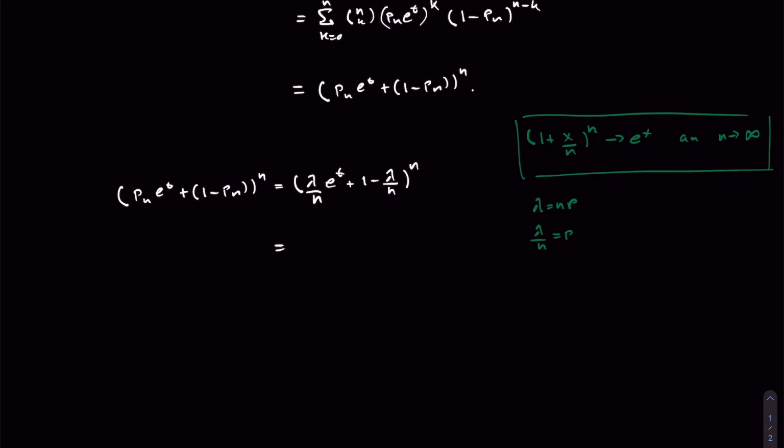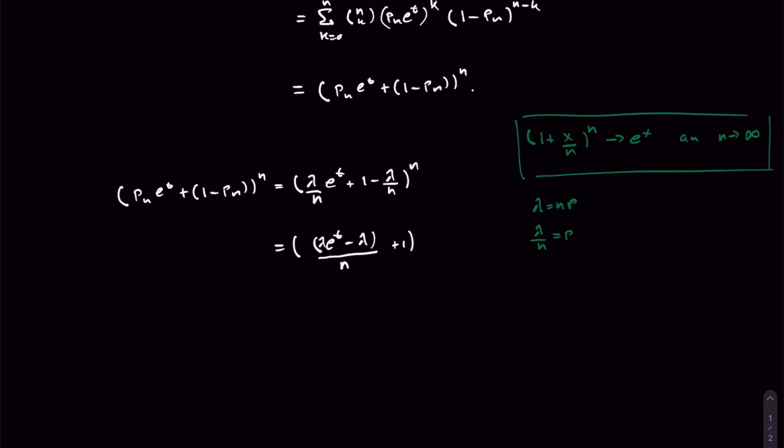One logical move is to write e to the t minus 1, and we let the lambdas be here. One might want to move the lambdas out, but that's not what this expression is telling us.